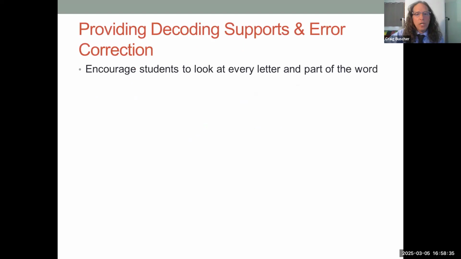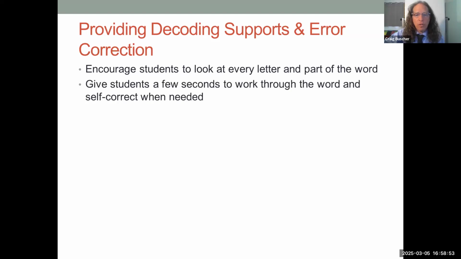Also keep in mind these students with word reading difficulties and dyslexia, even with really good instruction, are going to make a lot of decoding errors. So it's really important for you to help them correct those errors and keep directing their attention back to the word and the part of the word that they're struggling with. Give them some time to look back at that word and try to figure it out. You can give them some little scaffolding and support.